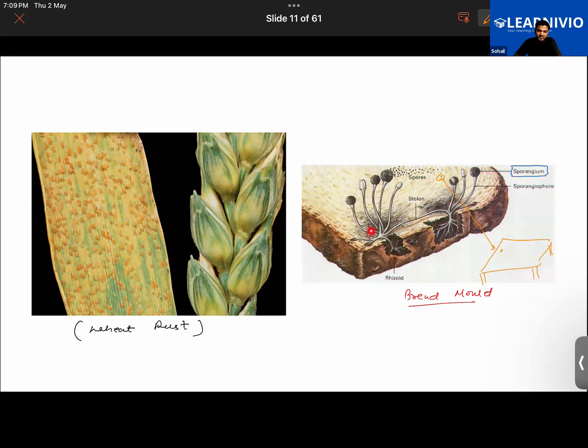How does it basically happen? This hyphae, this thread-like structure, will be releasing some chemicals inside the bread, and those chemicals will start breaking down the complex substance into simpler substances, just like in the mouth, the food is broken down, like starch is converted into maltose.